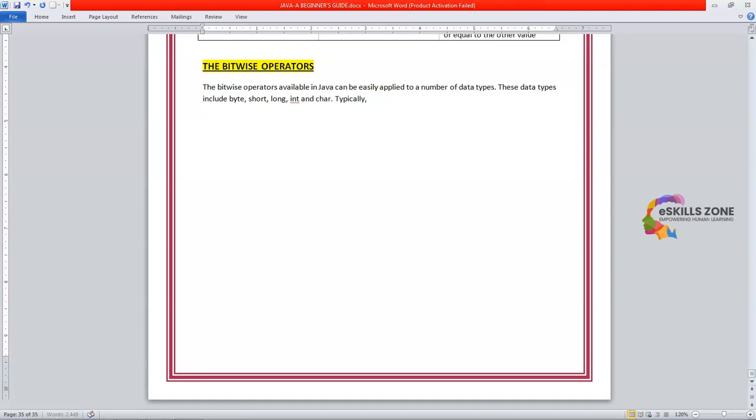Typically, any bitwise operator performs the concerned operation bitwise.